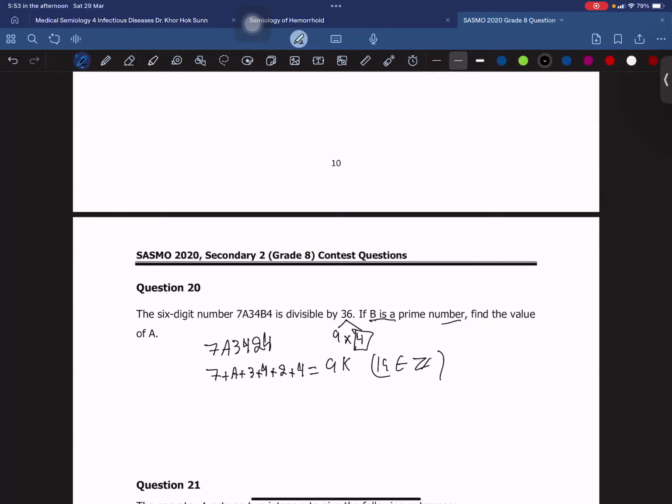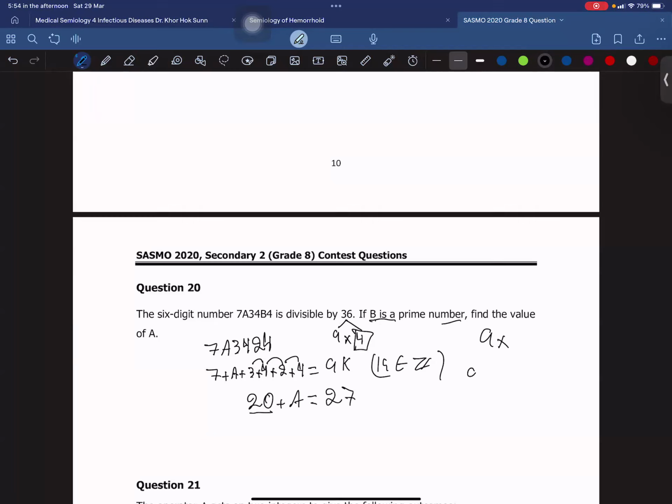Okay, so let's add the numbers: 7, 9, 13, 20 plus A. So 9 times what is the nearest multiple above 20? We have 27, right?